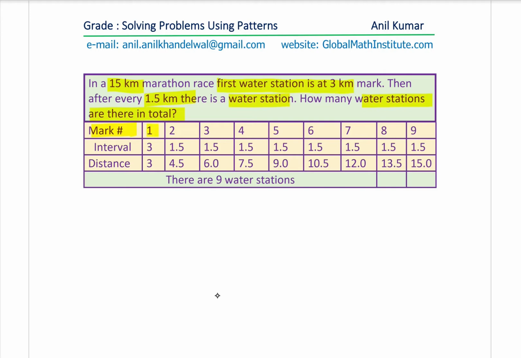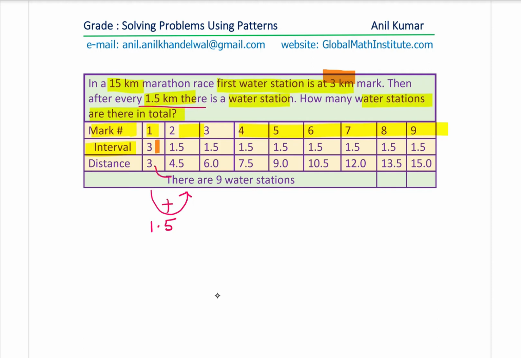So we will write down the positions in a sequence, 1, 2, whatever. And then let's talk about the interval. Where are the water stations? The first water station is at 3 kilometers, correct? So that is the first one at 3 kilometers. And then what happens? Every 1.5 kilometers thereafter, that means I have to add 1.5 to get the next term.